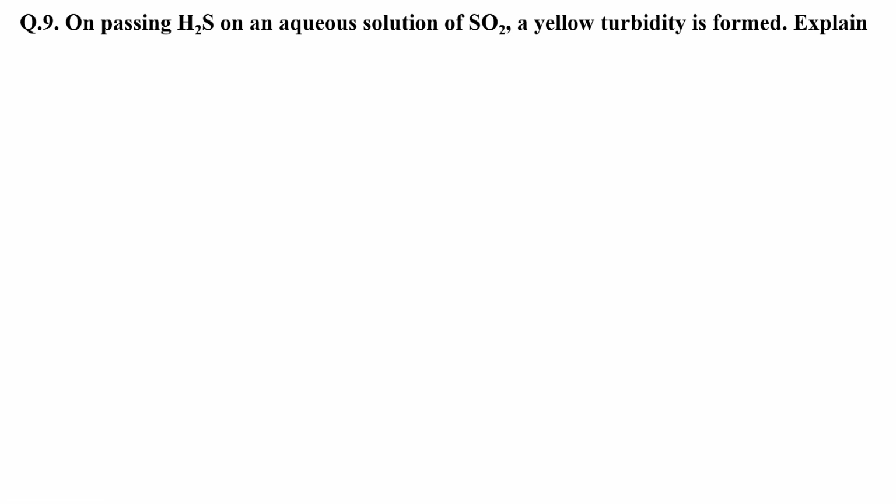Next we discuss problem number 9. It says on passing H2S on an aqueous solution of SO2, a yellow turbidity is formed. Explain. So on passing H2S on an aqueous solution of SO2, oxidation takes place.